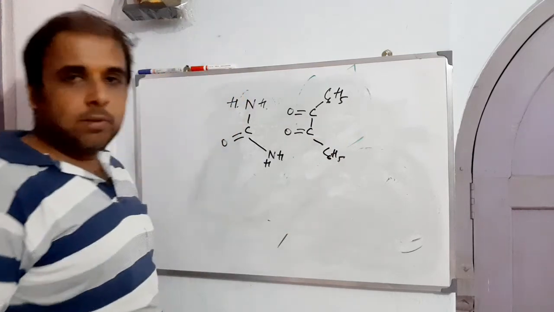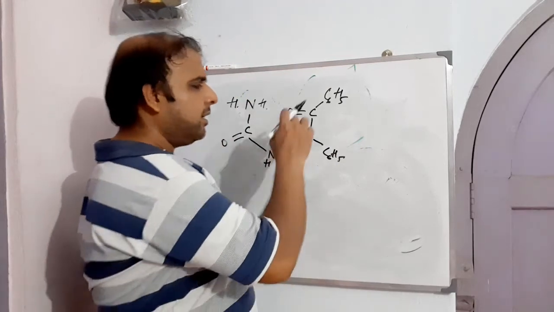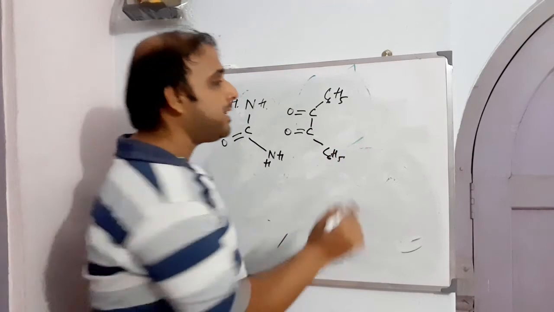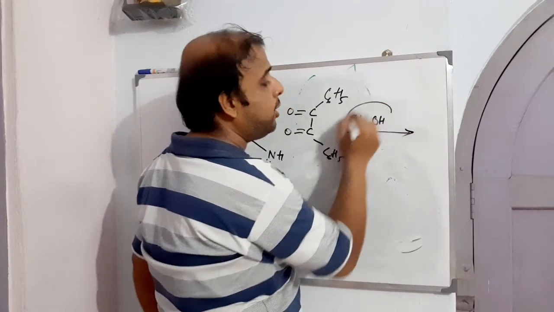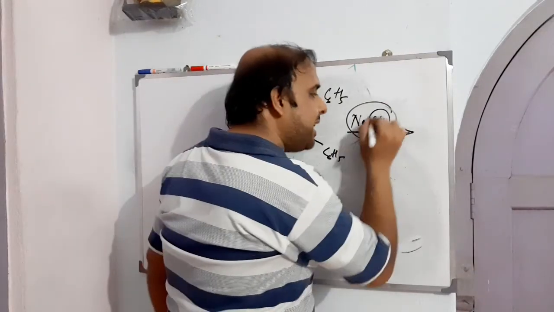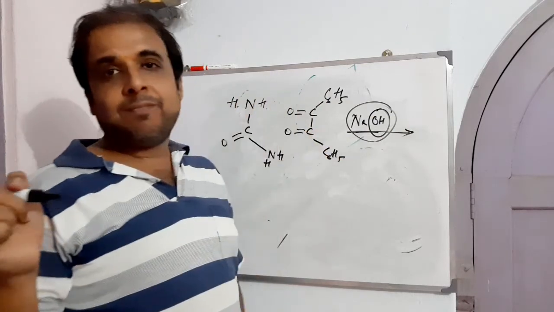And let me tell you, as we are thinking that a shifting has to take place, and the shifting has to take place in the presence of a base, you can go ahead with sodium hydroxide, no problem at all, because it is the base that will provide the nucleophile for the reaction to occur.